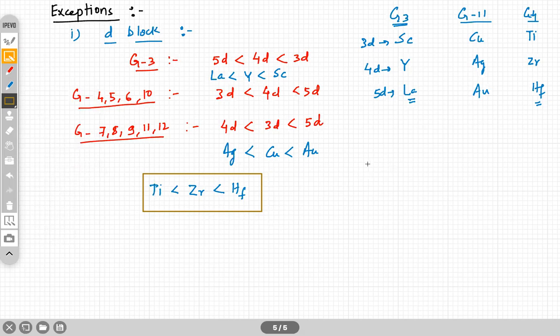Now, second thing, like I said, there are multiple factors which affect the ionization energy. This particular thing you can understand with this example. See this one, the second one here. Write down, all of you.